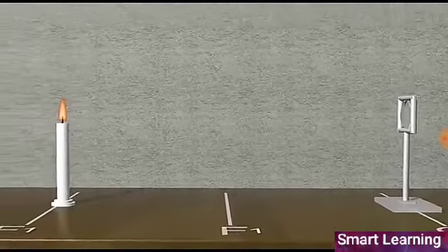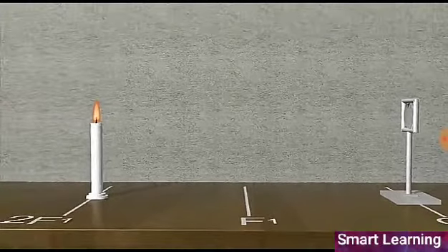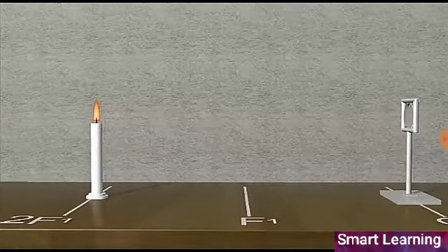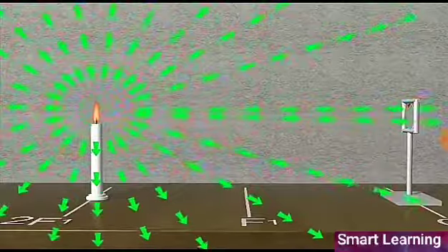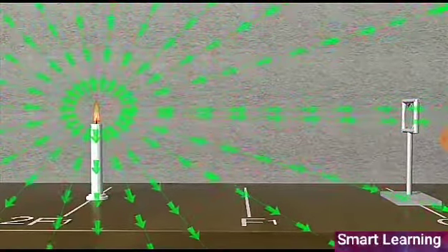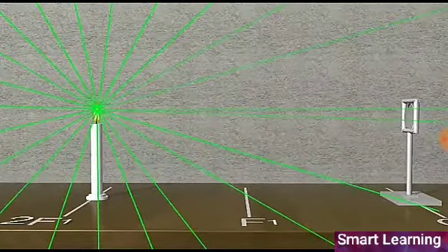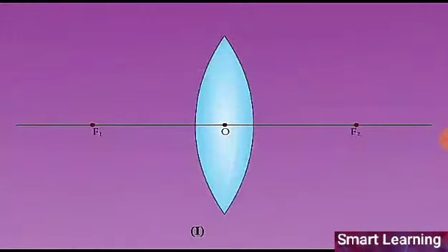A lens forms the image of an object placed in front of it. Any point on the object acts as a point source from which an infinite number of rays start. The rays suffer refraction on passing through the lens. 1.